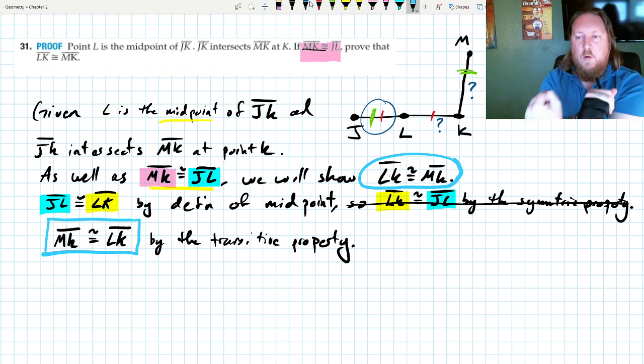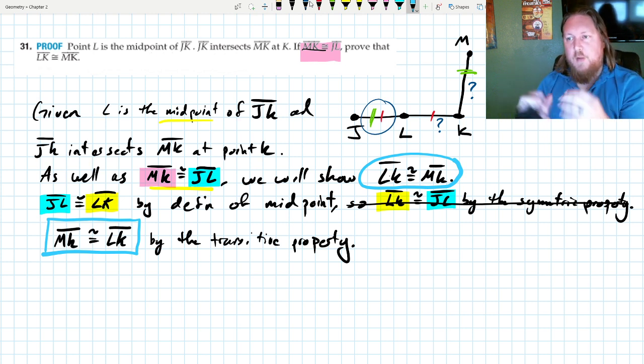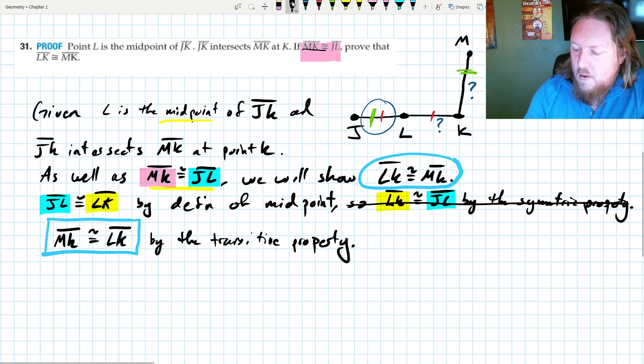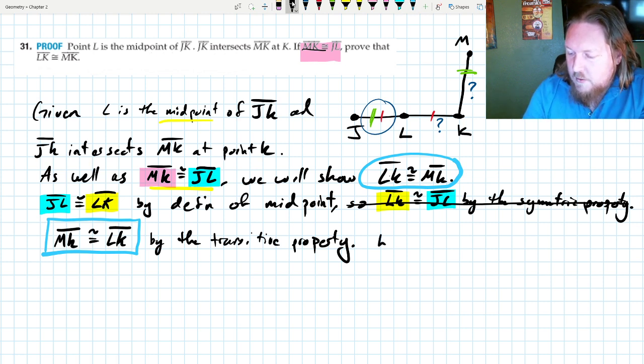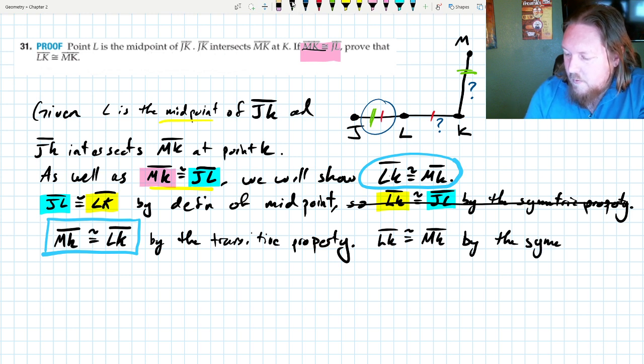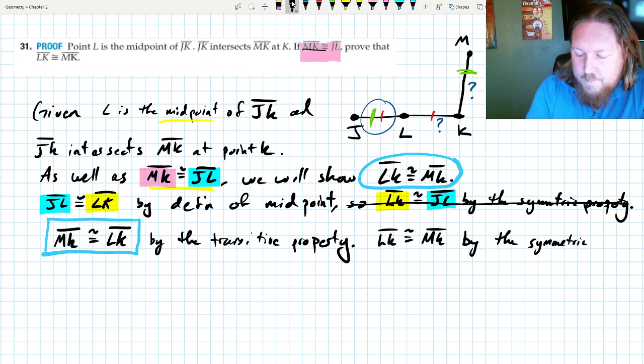I'm just going to flip the order of those two things, and then those two blue boxed statements will be exactly the same. So LK is congruent to MK by the symmetric property. We spell symmetric, right?